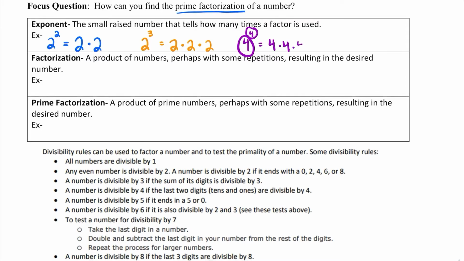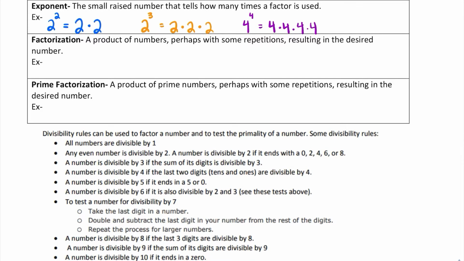So I'm going to write 4 times 4 times 4 times 4. That's how you expand these exponents. And we're going to use them today in this crazy thing called prime factorization, but we'll get there in a second. So that's how exponents work.